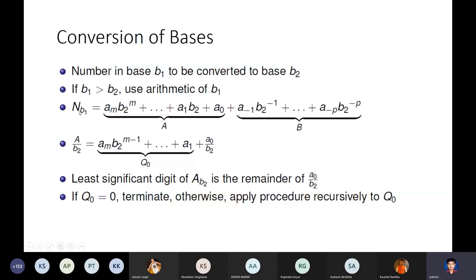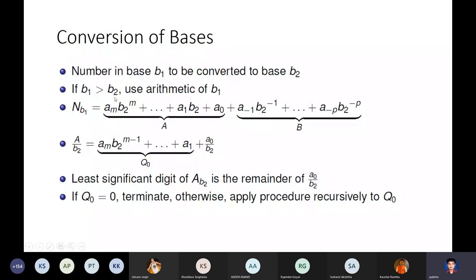What is the representation of the number? Let's look at the original representation, because originally the number is in base B1. I want to find out the digits if I convert to base B2. So this is the number in base B1. Let's say it is a0 into B2 to the power 0 and so on up to am into B2 to the power m. So this is in base B2.